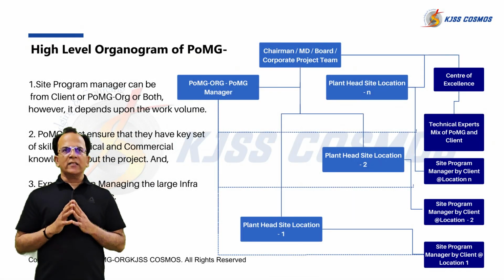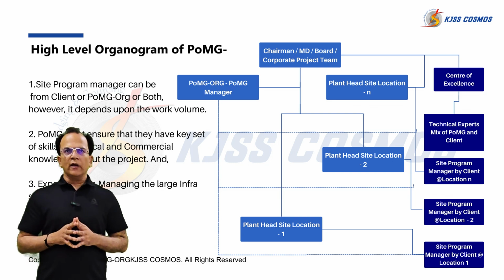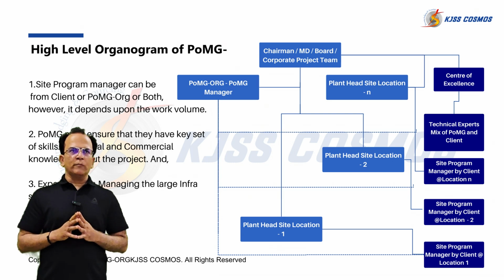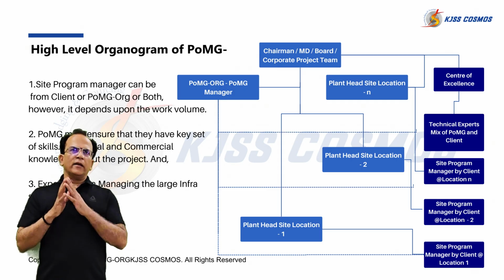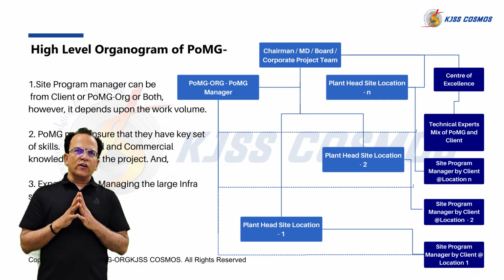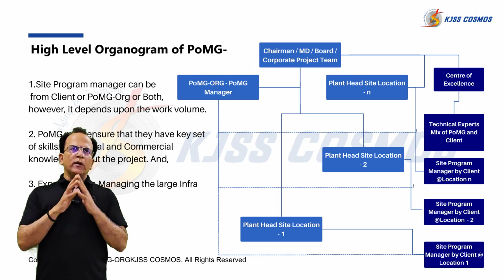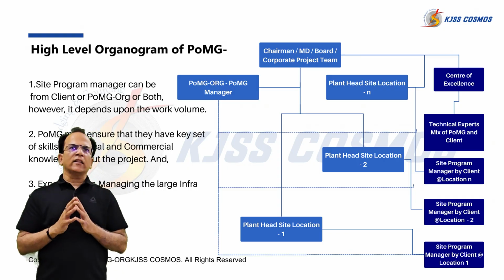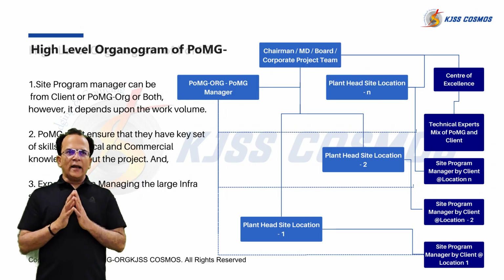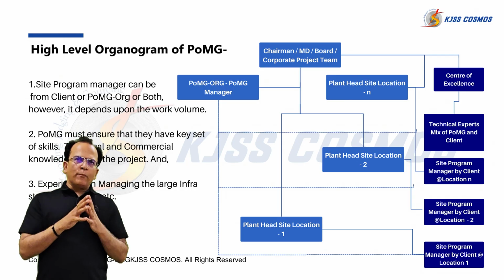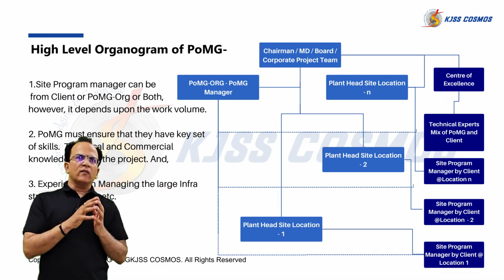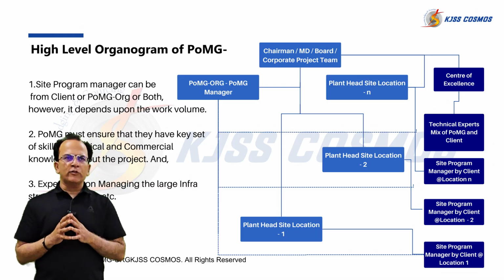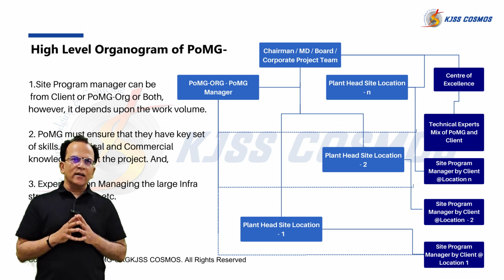PoMG organogram. Let's discuss the PoMG organogram. High-level structure of PoMG: basically, it is a central function and responsible for the site team. Every team in the organization is linked in the PoMG organogram. In the high-level organogram, the site project manager, like every program manager assigned to the site, will also report to the PoMG, and the skills required are technical and commercial knowledge.